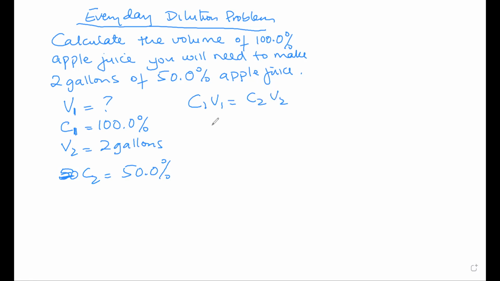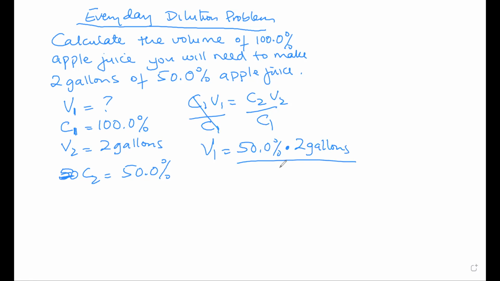Okay, so we need the initial volume, so we divide by C1. So V1 will be C2, 50.0%, times V2, 2 gallons, divided by C1, 100.0%.